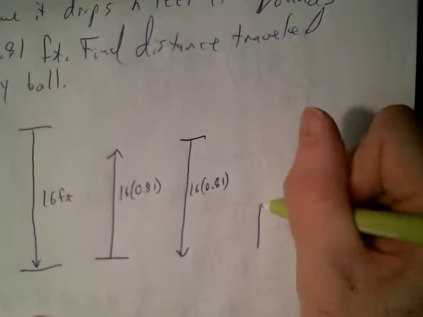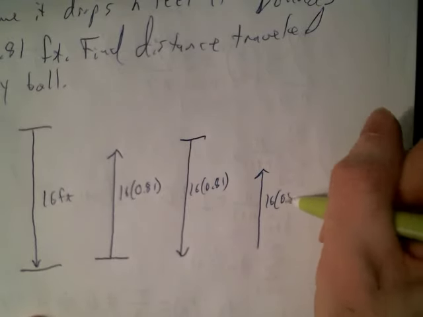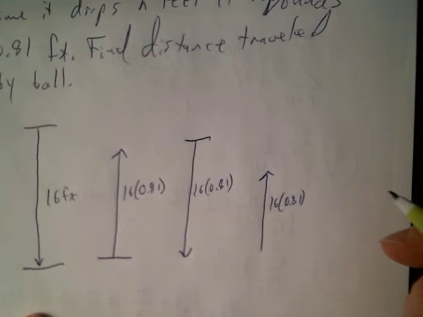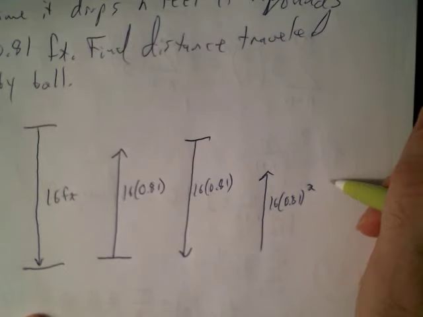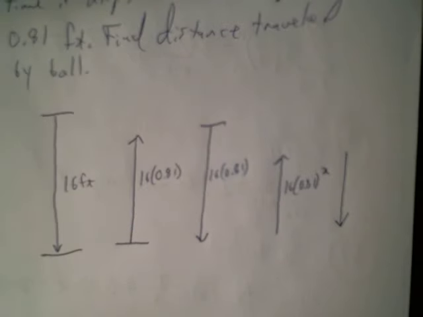Then it's going to rebound 16 times 0.81, and I multiply that again by 0.81, I get 0.81 squared, and then it falls back down. Okay.